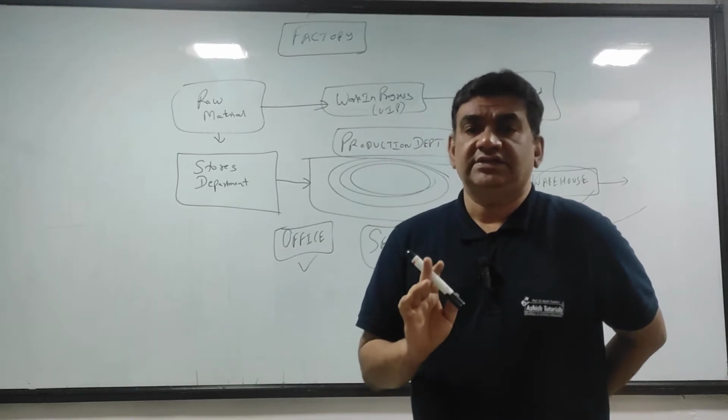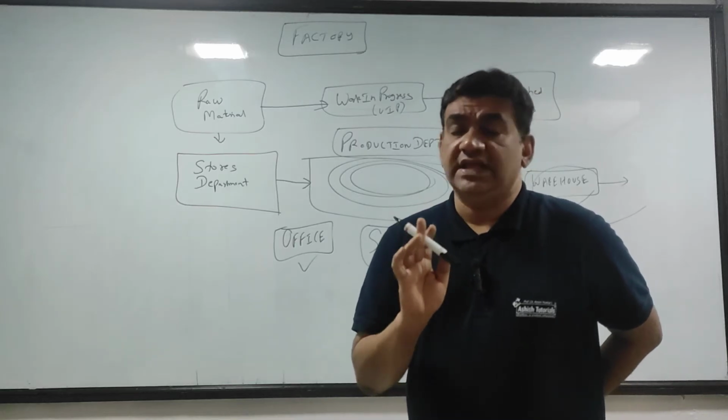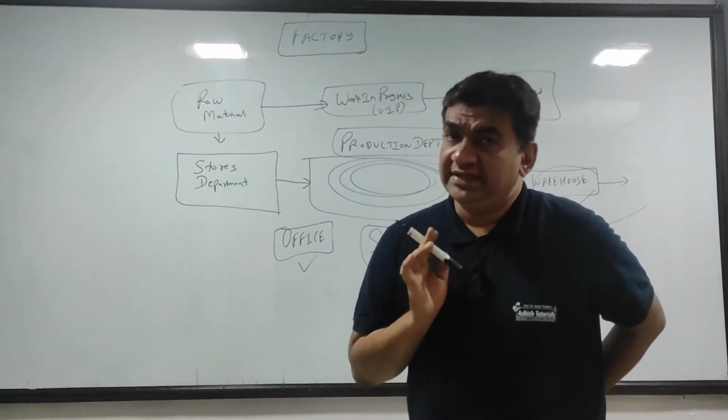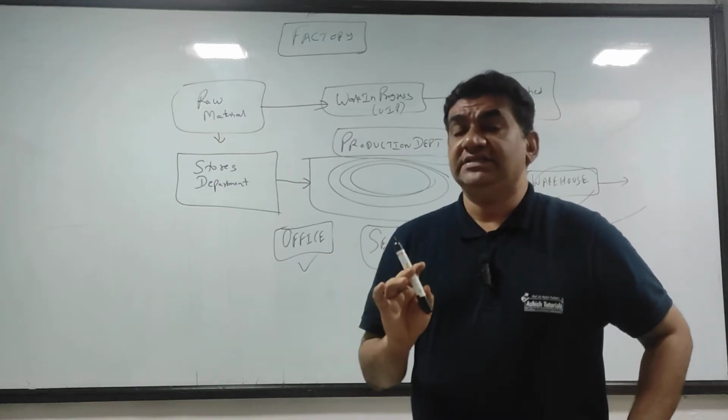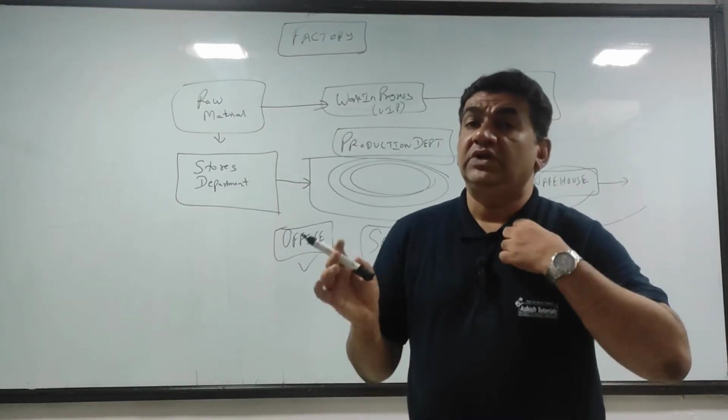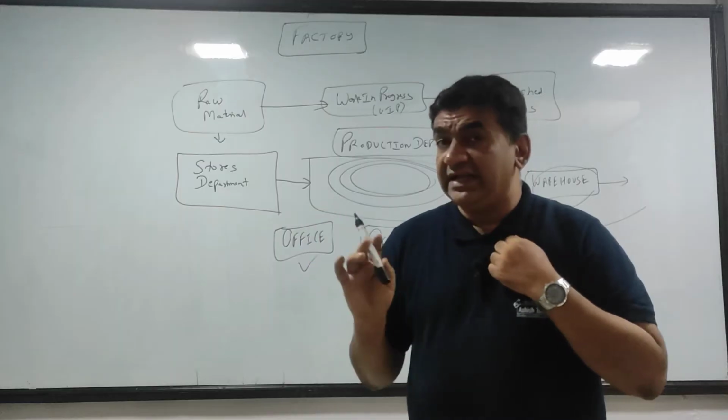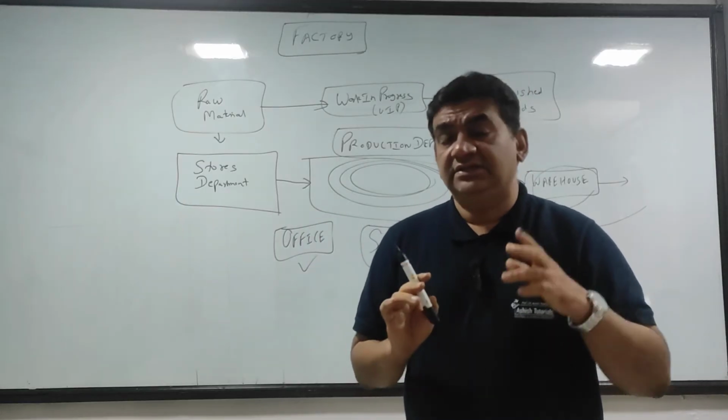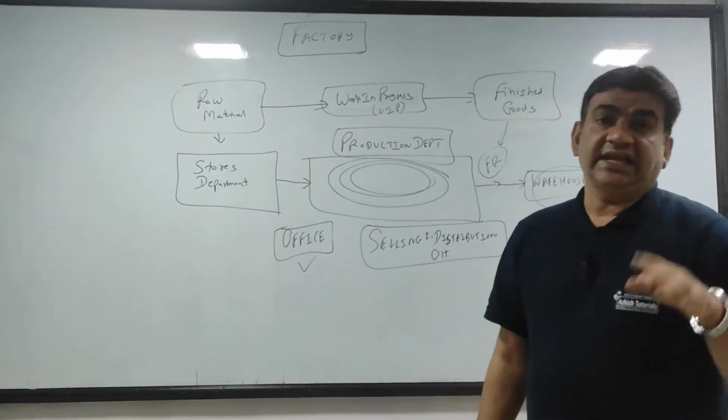Overheads will be in three parts: factory, office, that is admin, and selling and distribution. There are finance expenses, but finance expenses are not considered while doing cost accounting. But yes, in financial management it is considered. That we will see when we come to the second chapter.